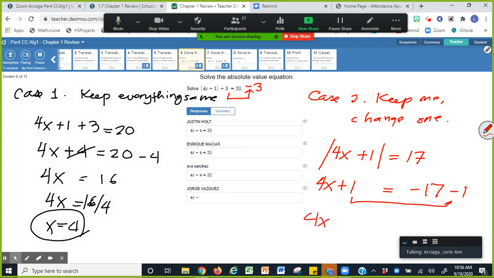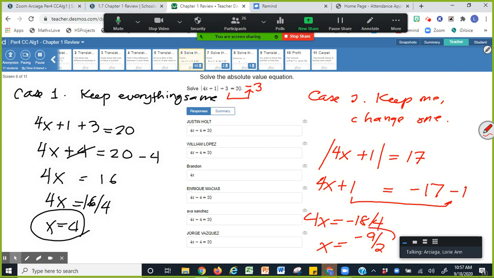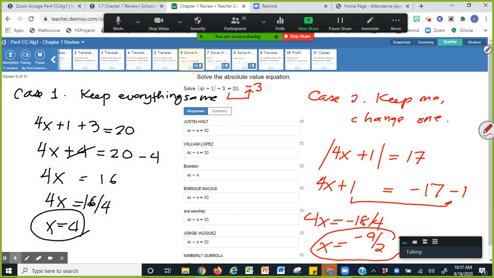So 4x is equal to -18, over 4. And what do you call this? Definitely that is not negative 4. All right. So this will become x is equal to, what's this? Negative 9 halves, right? Negative 9 over 2. So that's so far from being negative 4.